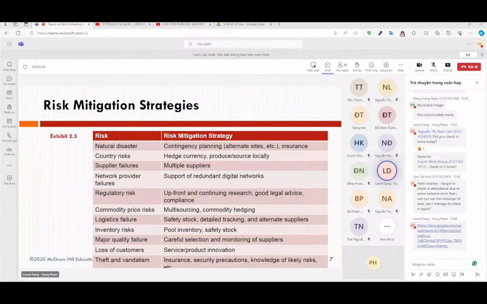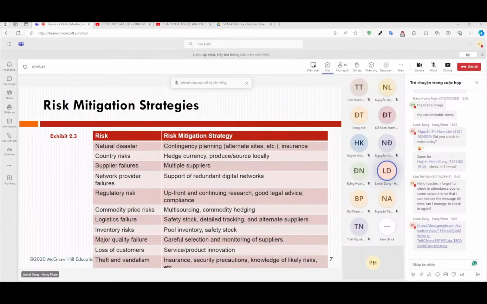What is the pool inventory according to you? Did you know? Maybe I forgot. No worry. If you don't know, just say you don't know.